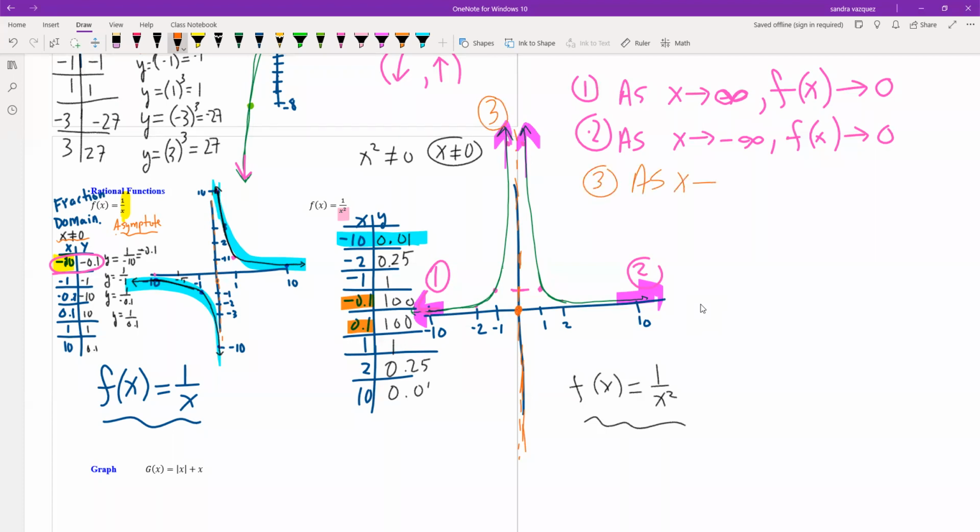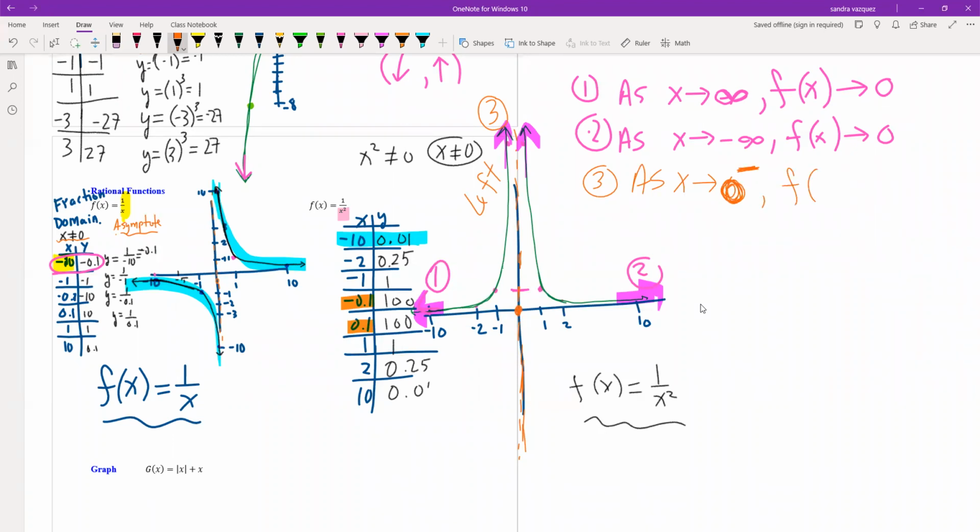As x is approaching 0, but now I gotta tell you from which side. I have 2 sides, and I'm approaching 0 from both sides. Okay, we call this side the left side. So we're gonna say a negative right here, and that says left.